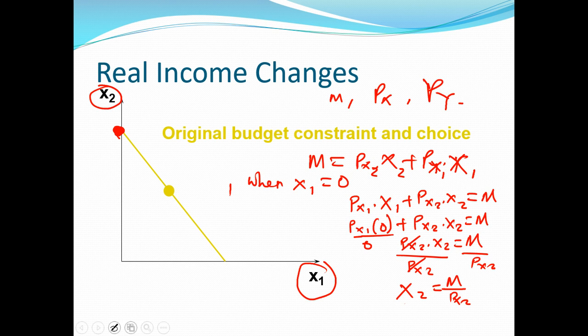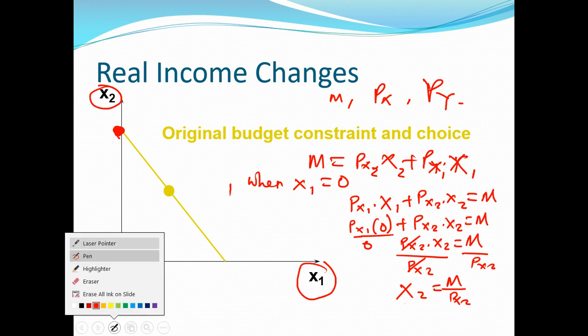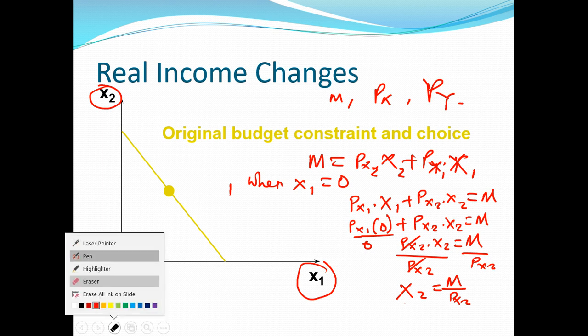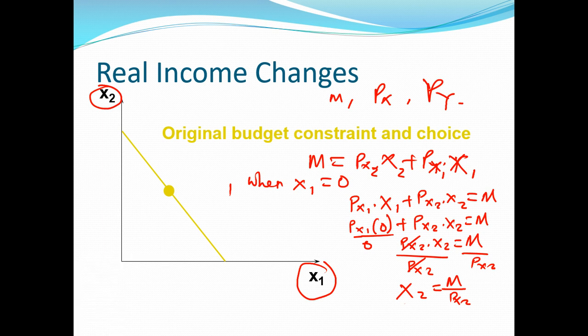So at that particular point at the max there, it's just the amount of income divided by the price of good x2. Following this budget line, it also means that there it's just M over price of good x1, because these are maximum points.